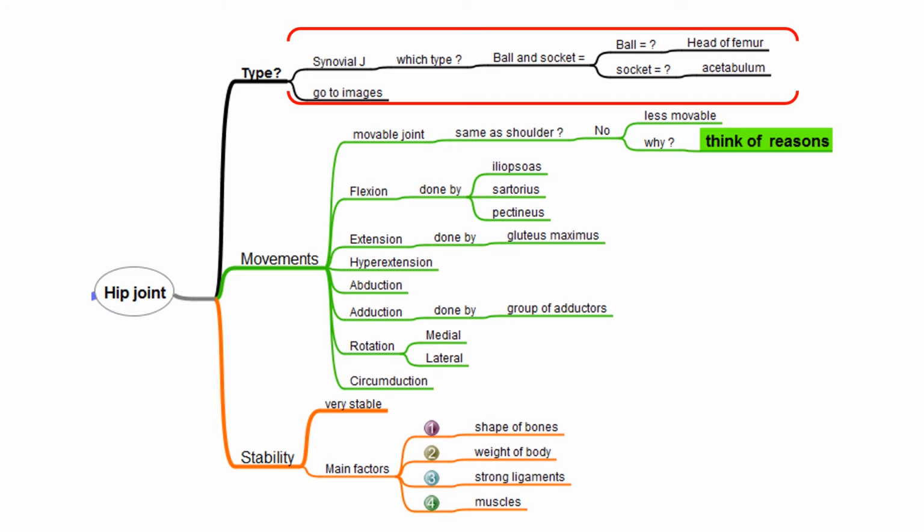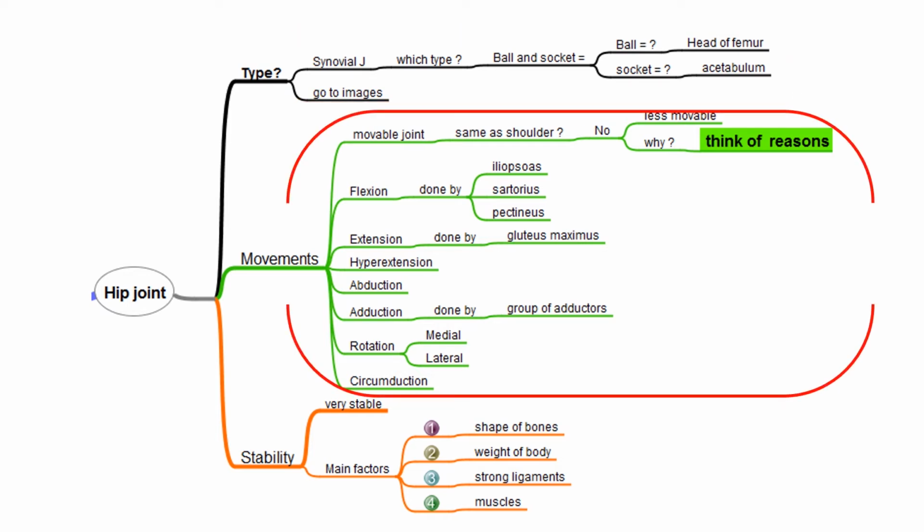What is the ball? The ball is the head of the femur. And what is the socket? The socket is the acetabulum. Now we know what the head of the femur is, what the acetabulum is, and what a synovial joint is.